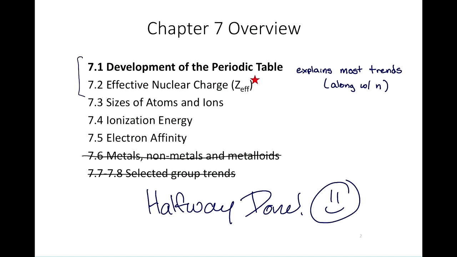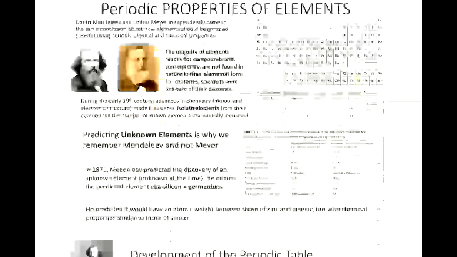This concept explains a lot of the behaviors that we see. Effective nuclear charge might be a new topic, but it helps us predict behaviors of electrons. It relates to a lot of the properties and trends such as size, ionization energy, and stuff like that. It all comes back down to effective nuclear charge.